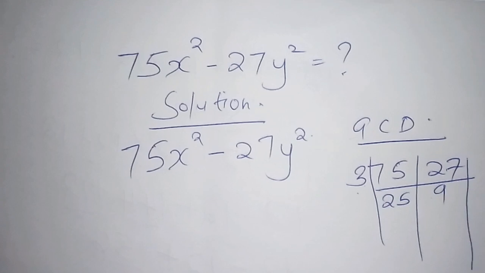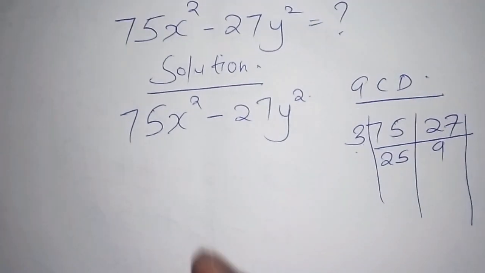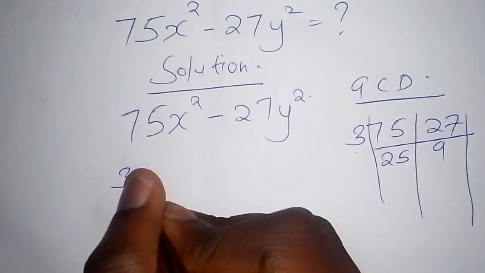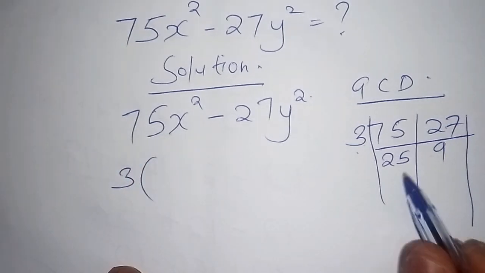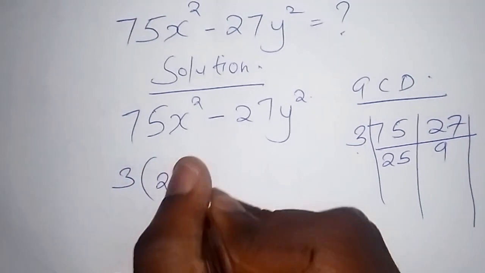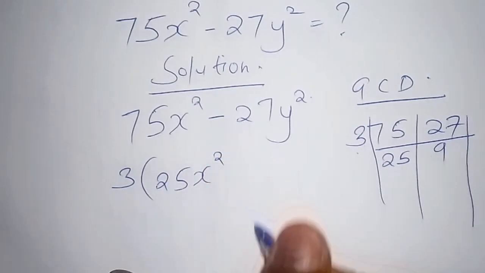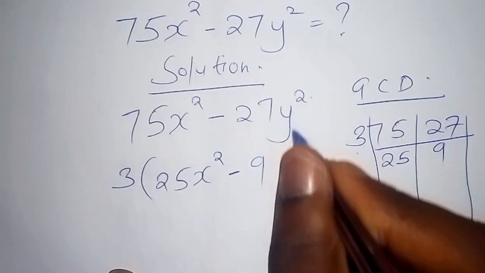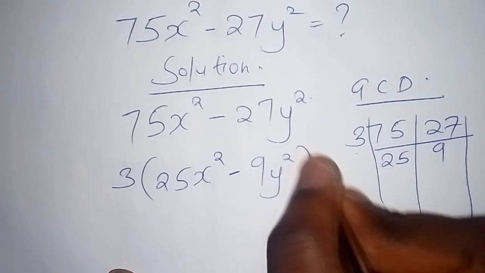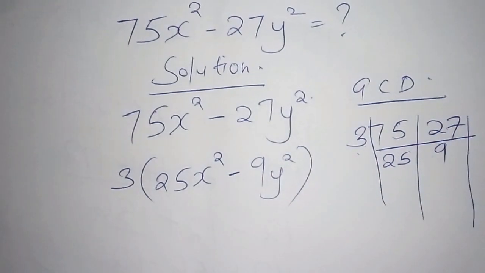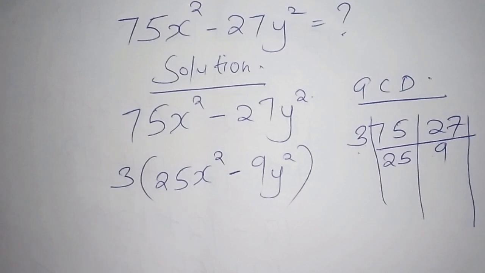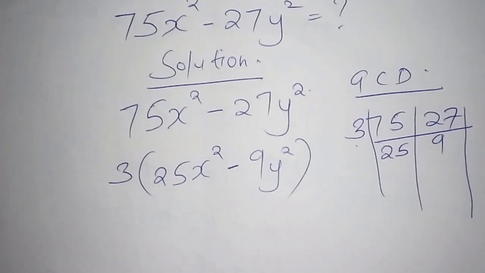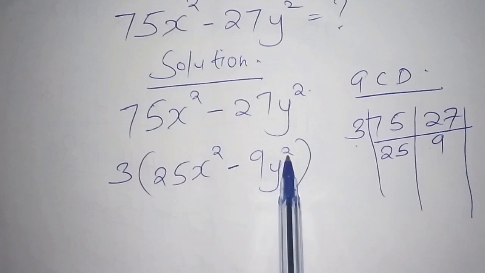Since our GCD is 3, we put that 3 outside. So 3 into the bracket, we have 25x squared, then minus 9y squared. Then from there we close the bracket. Now what we are left with is 25x squared minus 9y squared.